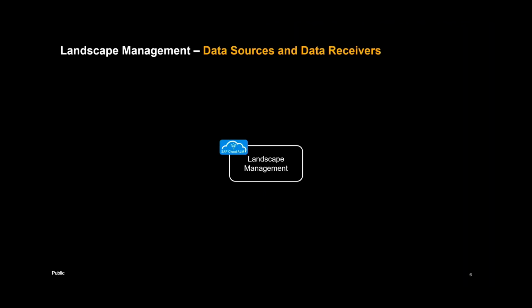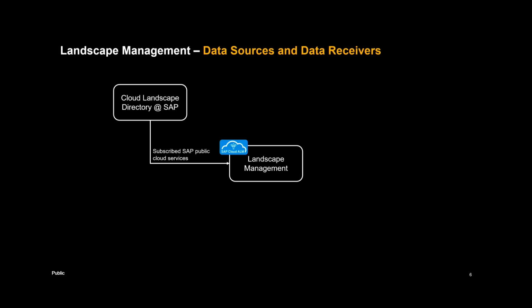So where do we get our data from? Our main source is the Cloud Landscape Directory at SAP. This is basically our internal directory in which all our cloud tenants are. We don't get all of them. In landscape management, we don't import just about everything. So we import specific tenants for specific service types, mainly because the last count was several hundred service types.